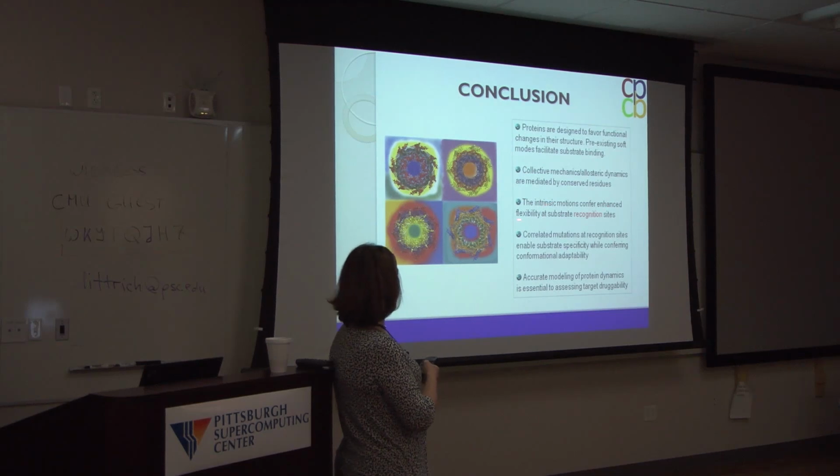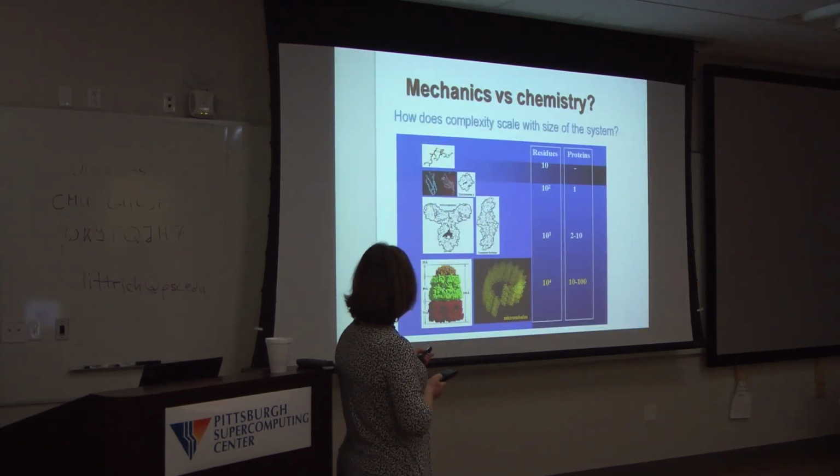There is an enhanced flexibility at the recognition sites. Correlated mutations at recognition sites also help with substrate specificity while conferring conformational adaptability. And considering dynamics is essential for druggability assessment.